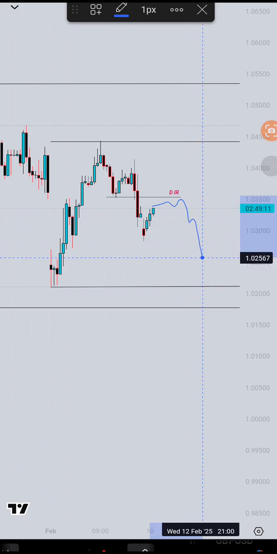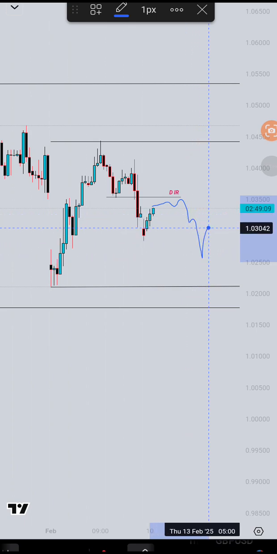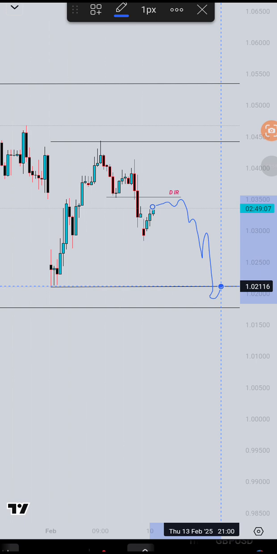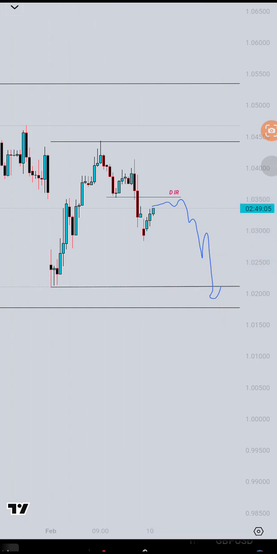Then if we start forming fair value gaps going lower, that's what I can engage with, because this is a balanced area, and we have a small fair value gap over there, so we might have a sting into that.